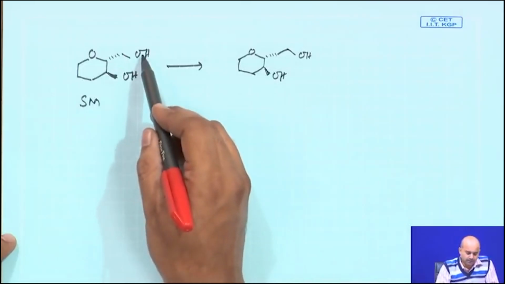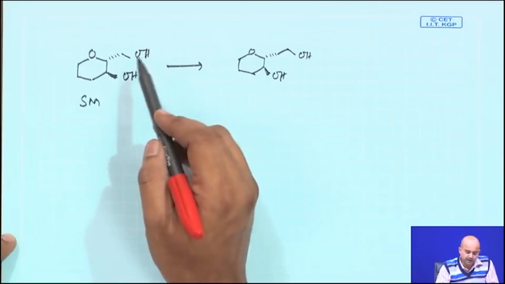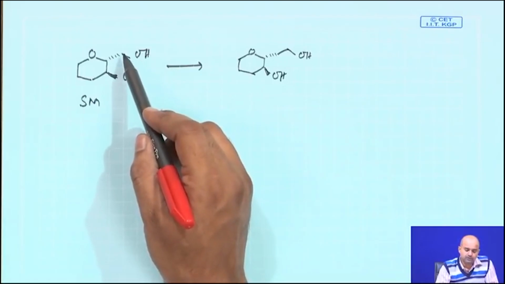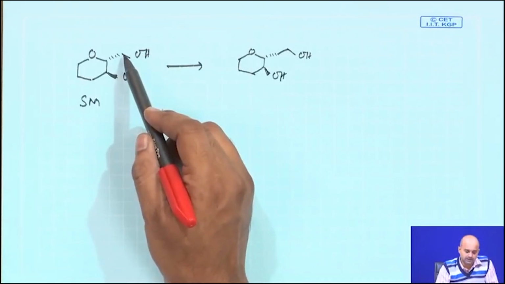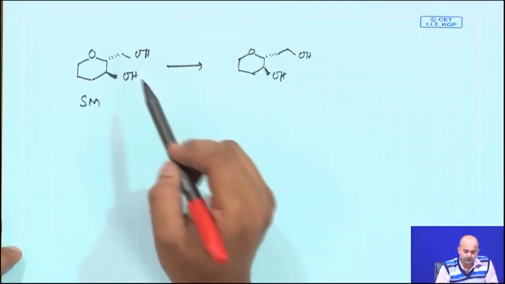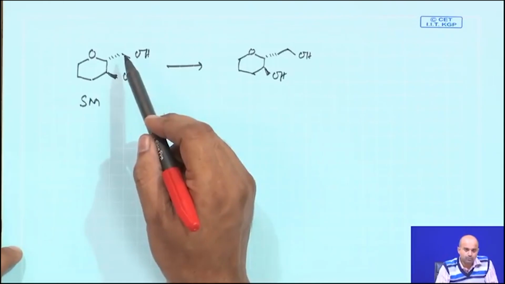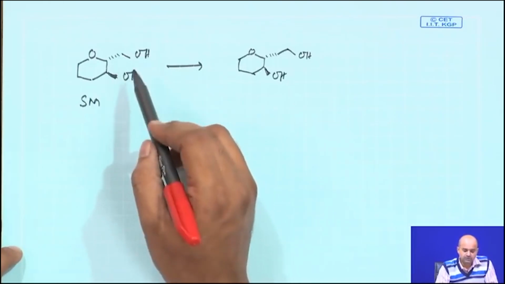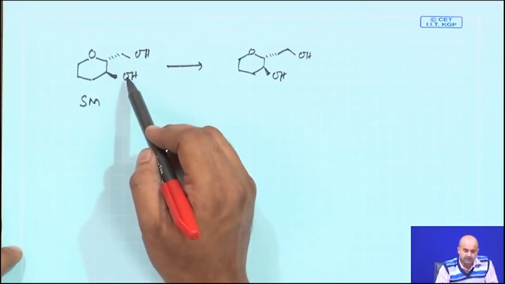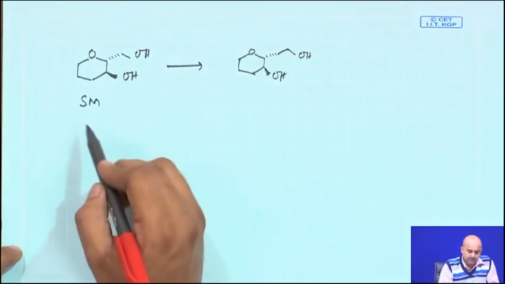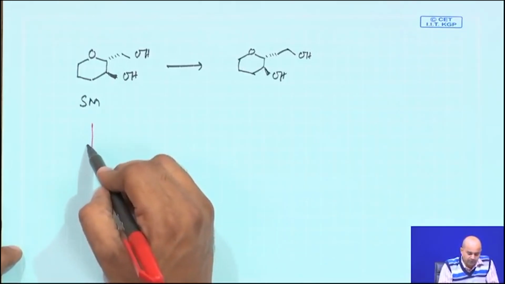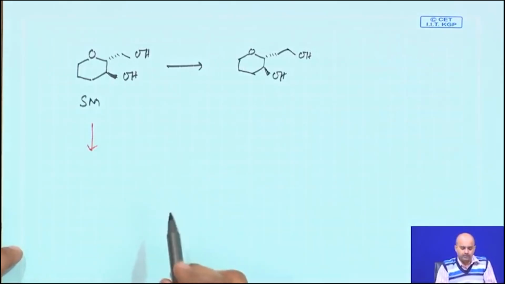Now, you will find this compound is having 2 hydroxy groups, primary as well as secondary, and you need to do a selective FGI at the primary hydroxy. So, basically you need to protect the secondary in presence of primary, but that is often a bit difficult.